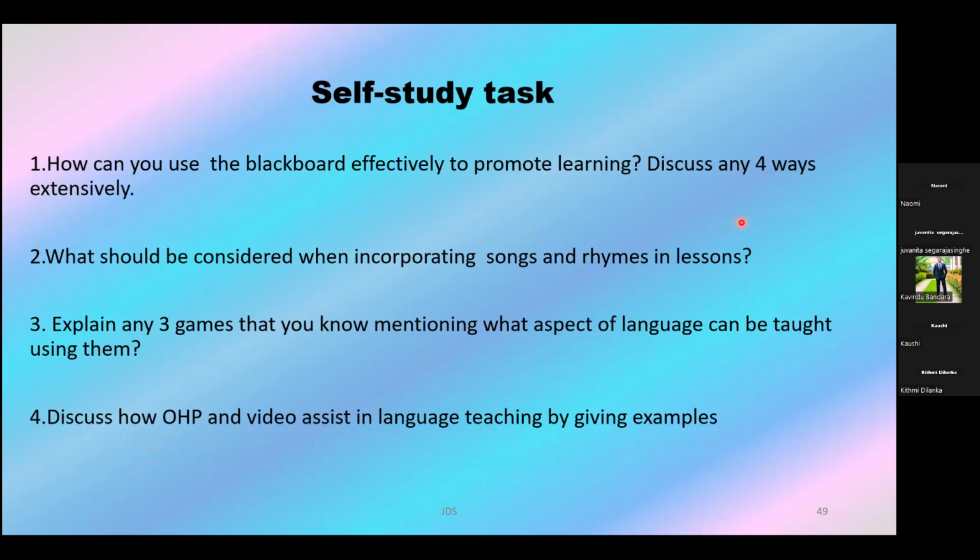Madam, not in the last lesson, but in the previous lesson, in the self-study task, what are the aspects that we have to consider when choosing a grammar structure to teach? Could you give me a brief description?